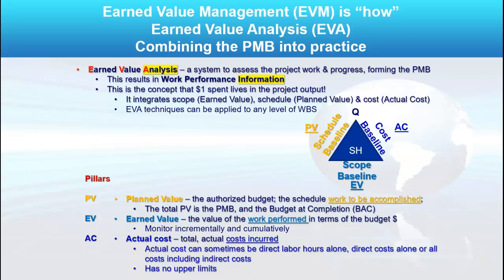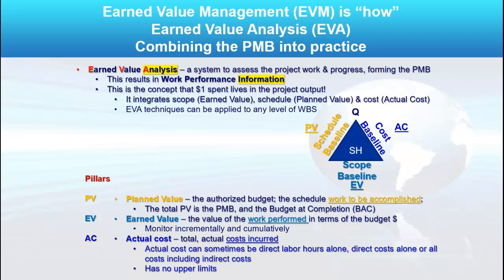And so I have this system to assess the project work and the progress of the performance measurement baseline, right? And this is going to result in work performance information. That's data that I've analyzed and now becomes useful information that I can make decisions on.